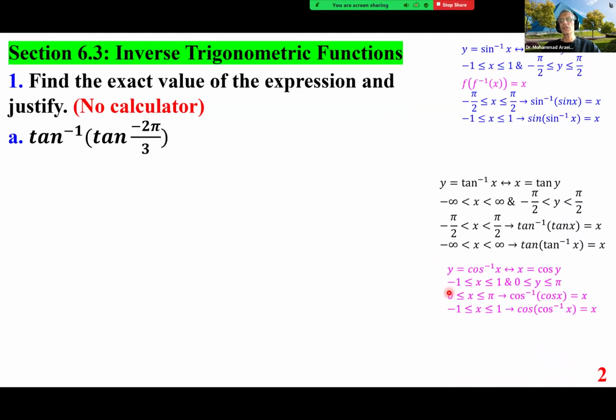Cosine, the restriction, we put it between 0 and pi because we want to cover the entire range of negative 1 to 1. Cosecant basically follows the sine because it's 1 over sine. And of course, y can't be 0 when you do that restriction. Secant follows cosine because it's 1 over cosine.